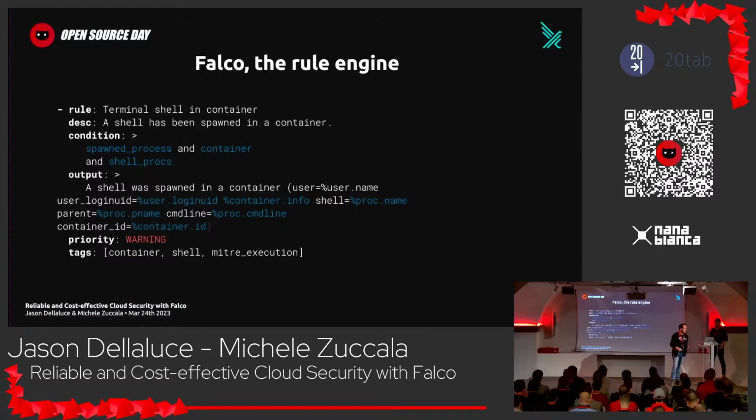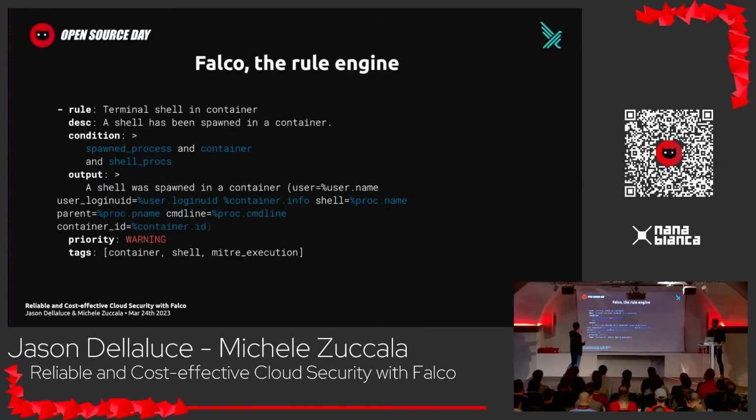So the reason why we wanted to talk to you, I'm sorry. Before coming to that, this is an example of the grammar that you use to express the concept of a runtime rule in the Falco ecosystem. It's a piece of YAML file, we try to call it an easy grammar.